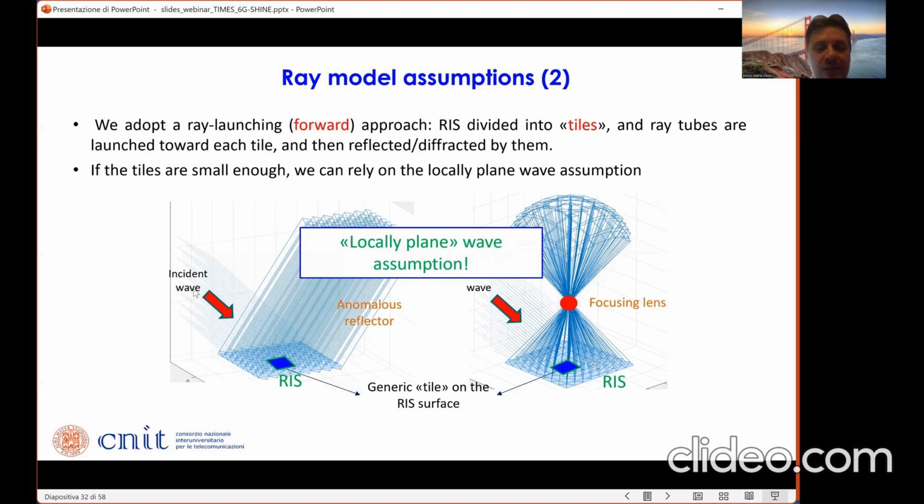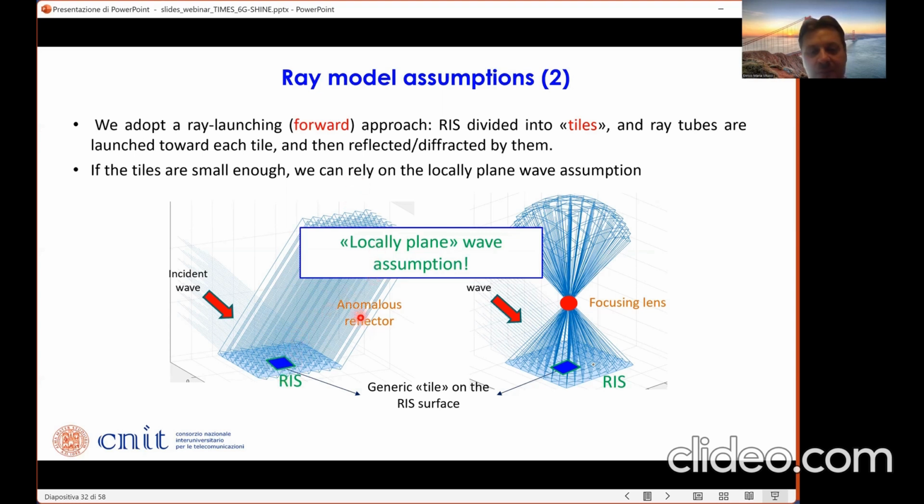So we launch rays or ray tubes towards each tile of the surface, and for each of them we compute the radiation direction, which means the radiated ray tube, and finally we compute the radiated field along each of the different ray tubes.